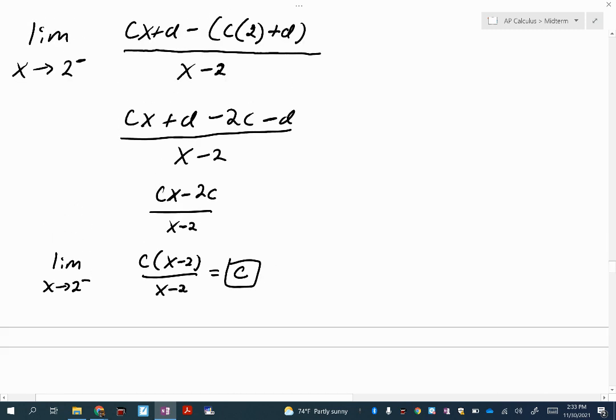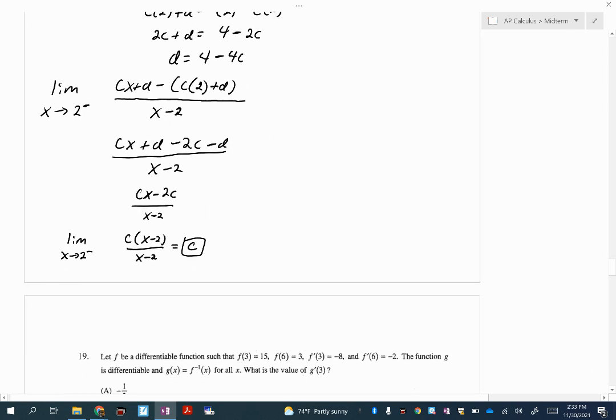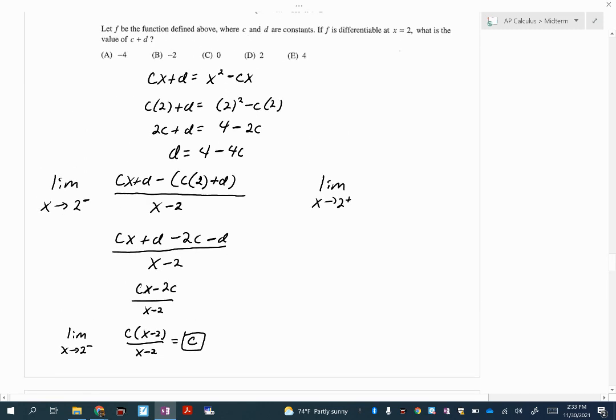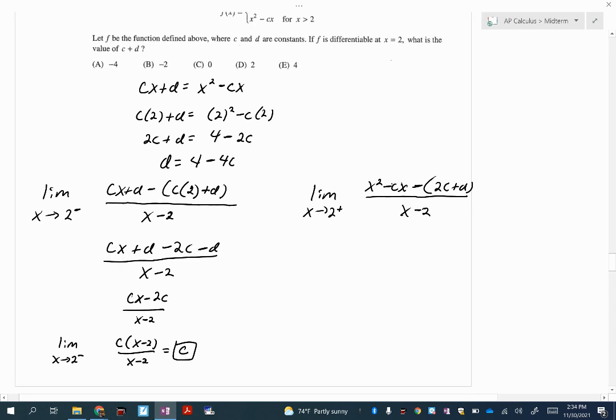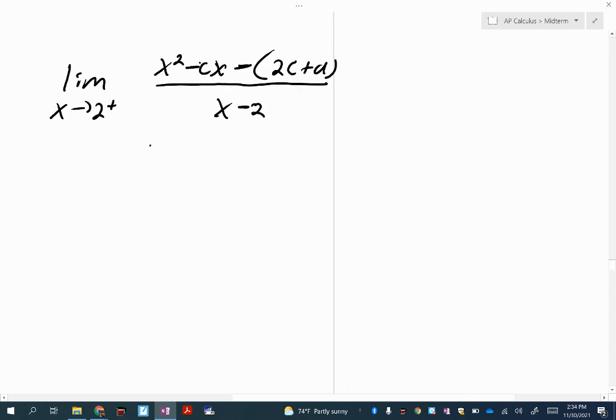All right, now I'm going to do the same thing, but on the right-hand side. So from the right, I'm going to be using x squared minus cx minus the same thing I used before, which was 2c plus d over x minus 2. All right, so I'm going to distribute, get minus 2c minus d.